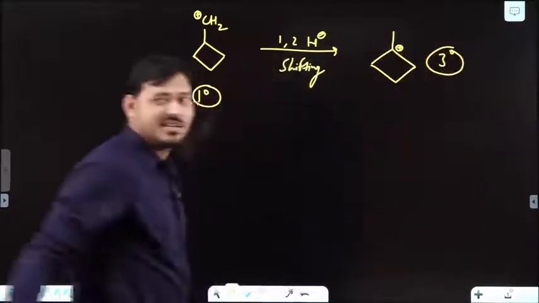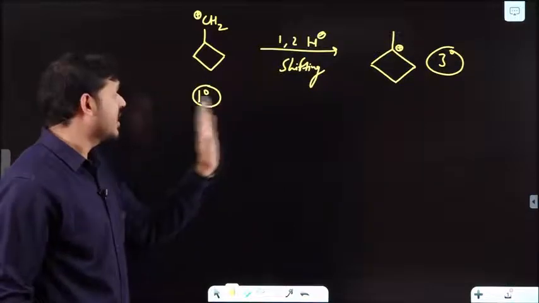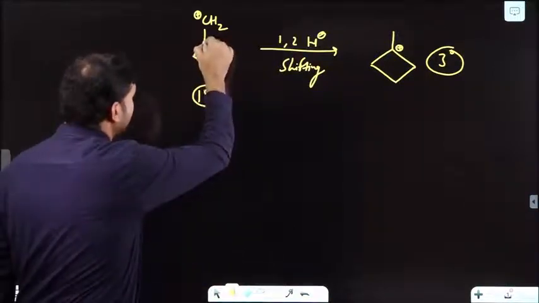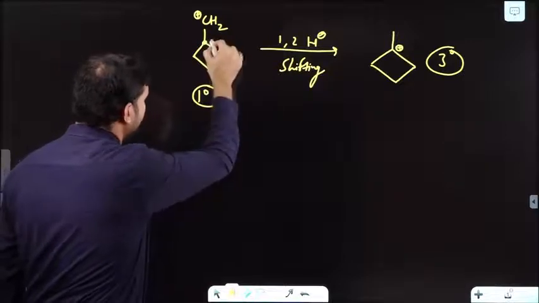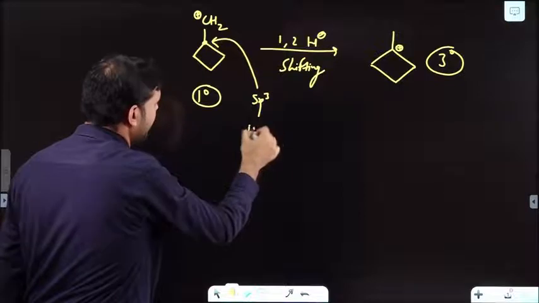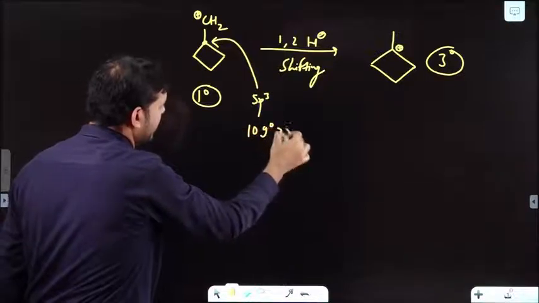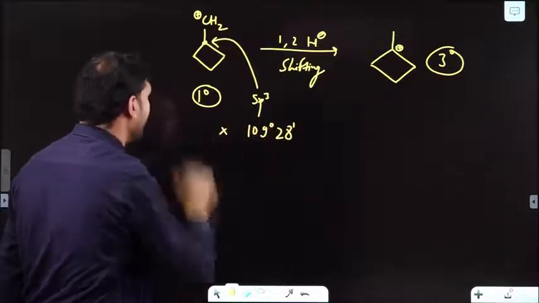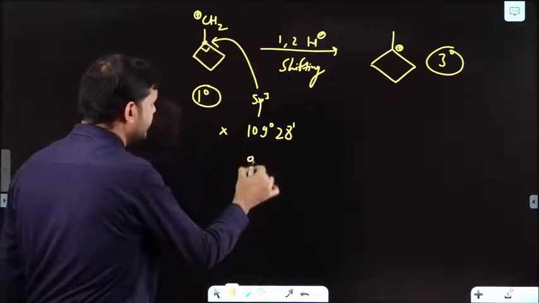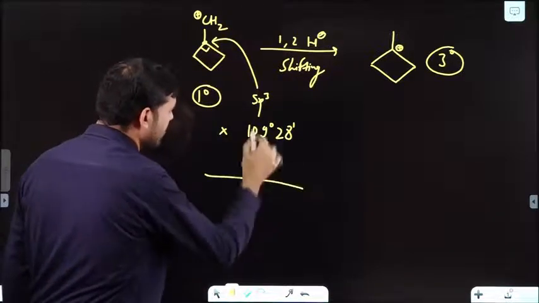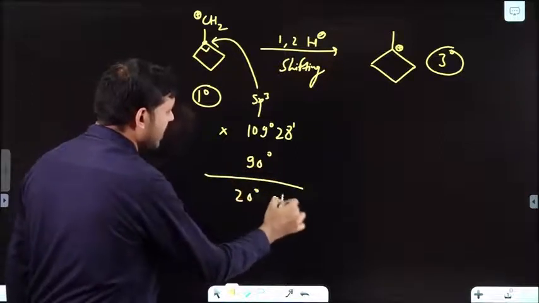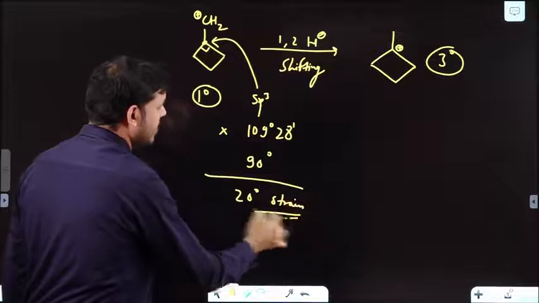Now understand one thing. See, this carbon is sp3, having 109 degree 28 minute. No, it is not having 109 degree 28 minute. The internal angle is 90 degree. So there is a strain of approximately 20 degree, if I should say perfectly.